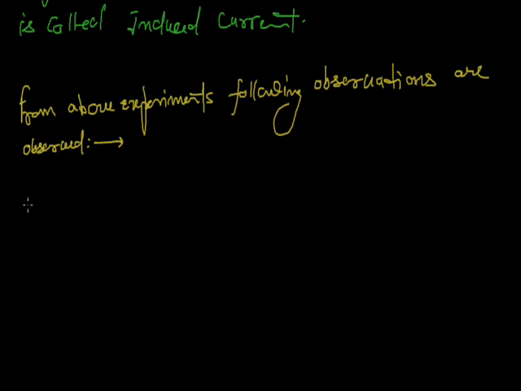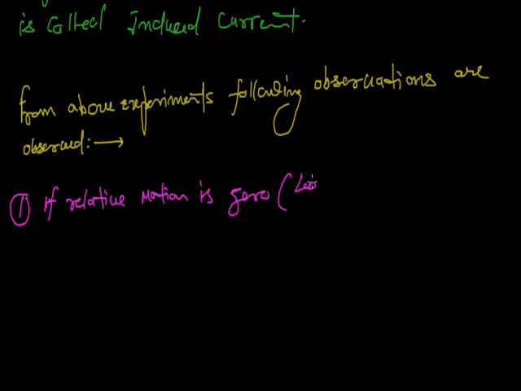First, relative velocity or motion is 0. It means loop and magnet both are in rest condition.